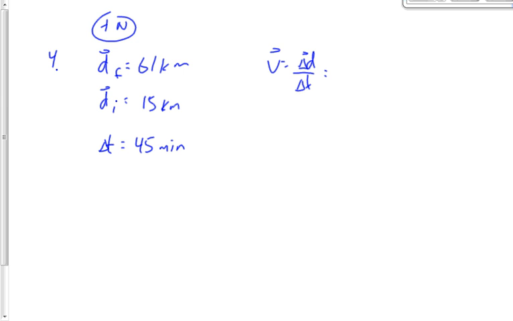Can we do 61 minus 45? That gives me 46 kilometers divided by 45 minutes. Can we do that? Is that okay to do it? You know what it is? It's odd. What are we going to get for an answer there? 1 point something? What would the units be? Kilometers per minute.